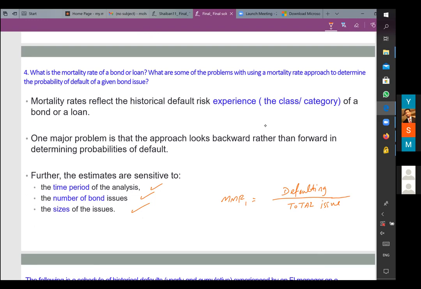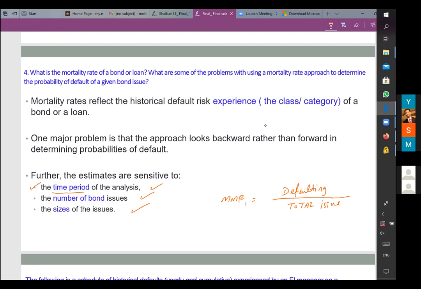Now, this is actually related because I'm taking a history. If I'm taking the 1970s, it is different from the 1980s, different from the 2000s. So it depends on the time period of taking those. It can be early, it can be during the financial crisis, it can be after the financial crisis, so the time period of taking it is a problem, and the number of bonds.